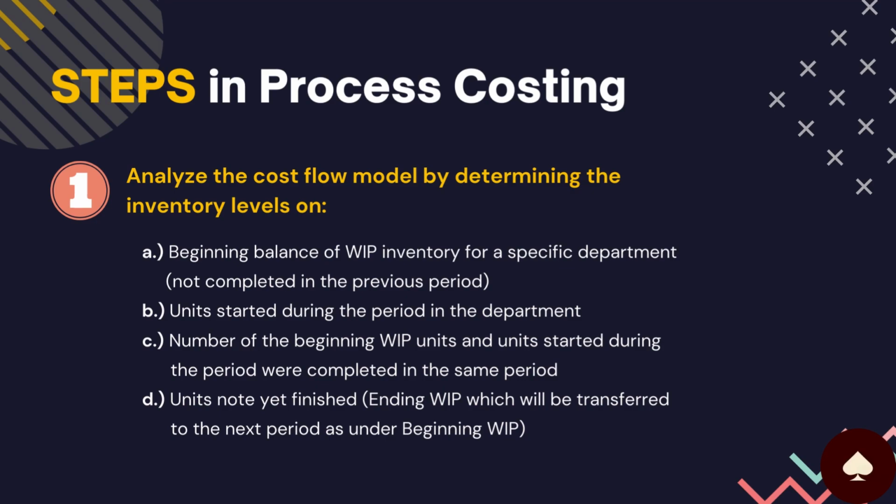Number three, the number of the beginning work in process units and units started during the period that were completed in the same period, or the units to account for. Number four, units not yet finished. It is possible that there are units started during the period that are not yet completed or still in production, even if the period ends. Those units will be transferred in the next accounting period as beginning work in process inventory.